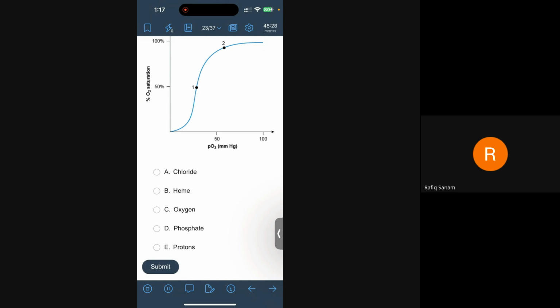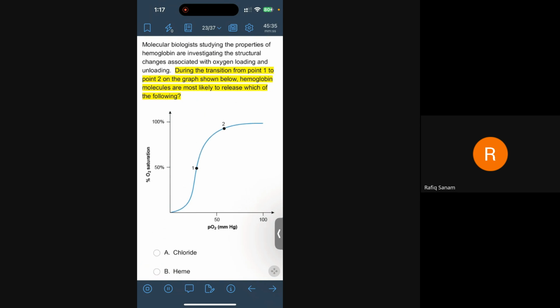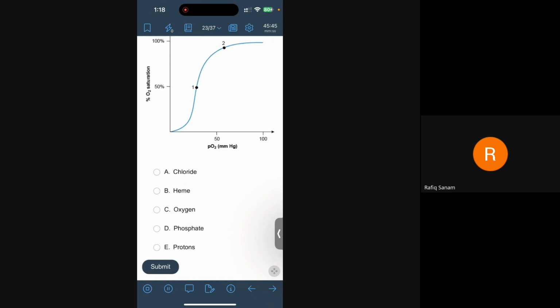Which of the following is going to be released from the hemoglobin molecule from low oxygen saturation to higher oxygen saturation? Is it phosphate? Protons? We know that phosphate, and chloride has no role.